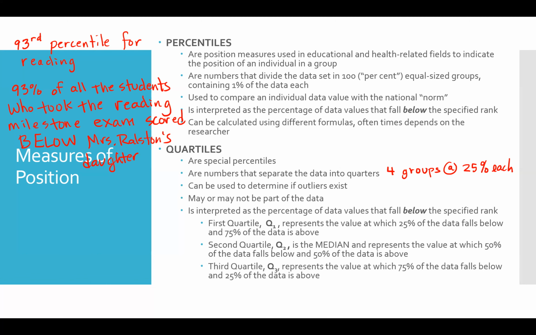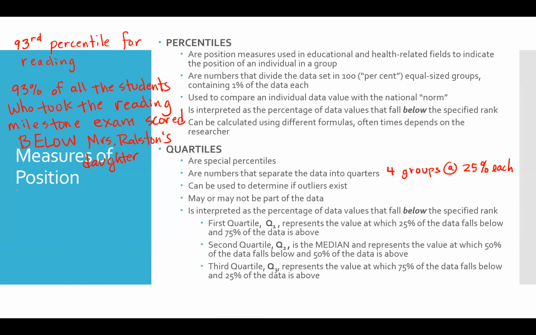The third quartile, you have 75% below quartile 3 and 25% above. Again, it's important that you understand it is the percentage below. And if you're thinking about quartiles, think about quarters. 1 quarter is 25%, 2 quarters is 50%, 3 quarters is 75%.